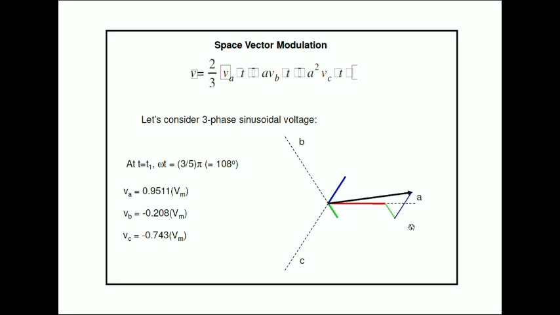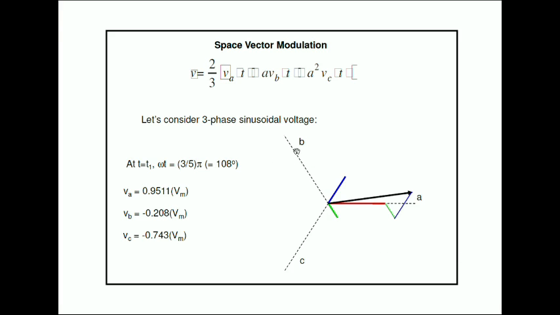When you are considering the vectors, va is positive and its magnitude is 0.9511, so we are taking 0.9511. And vb, this is the vb, and its magnitude is minus 0.208, so minus means opposite to this, 0.208 times the length of va, or the magnitude vm.